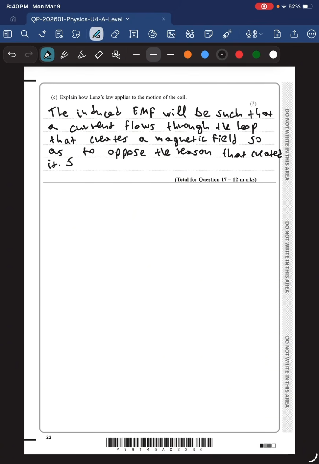So a force opposing the movement is created. And for those of you who are watching for the first time, I'm sorry about my handwriting. I do my best, but sometimes it slips my attention and gets really bad.